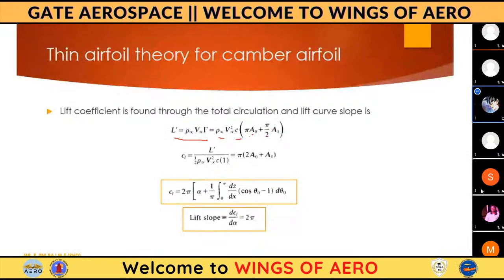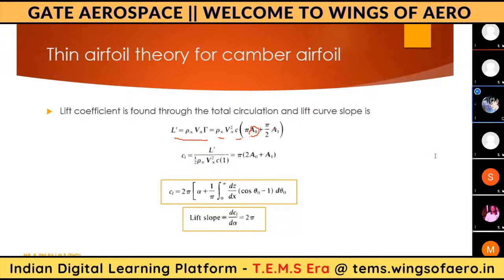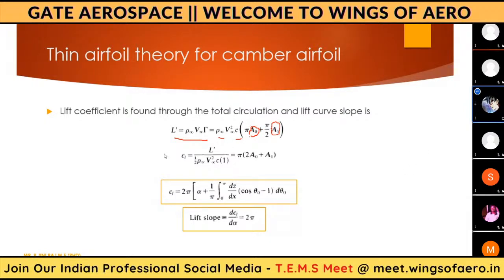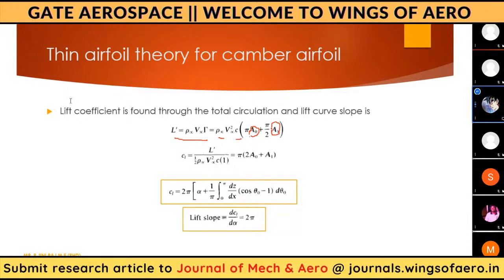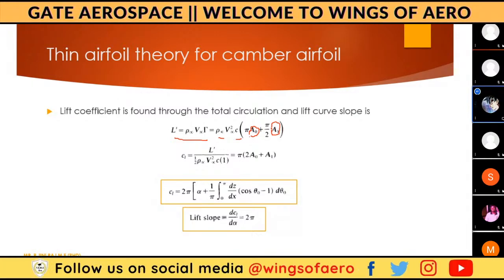So in a cambered aerofoil, you need to find the values of these two constants. For every formula, you need to find the values of these two constants. After finding the values, you can get the force coefficients and moment coefficients for a cambered aerofoil from thin aerofoil theory.